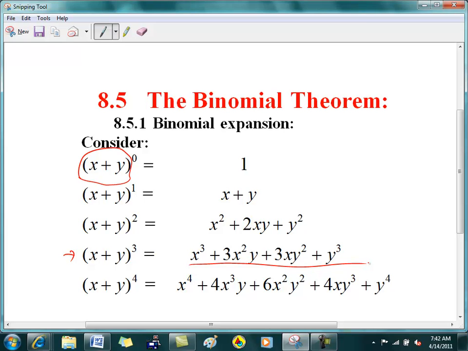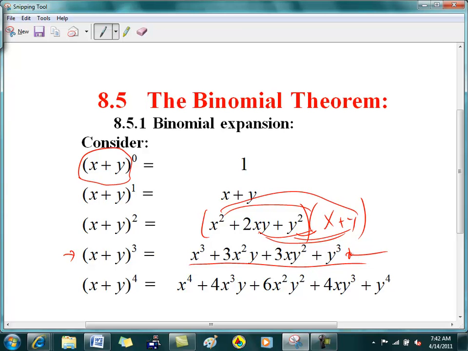Well, you take this one and multiply it by x plus y, wouldn't you? Imagine what you've got to do. You've got to fold the stuff out. You guys with me on that? You fold it out and you would get this answer.